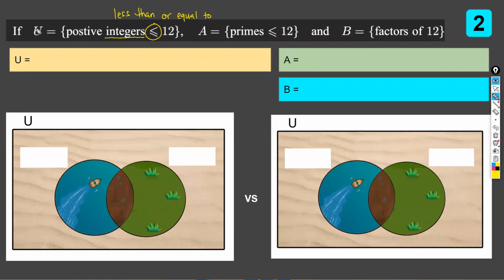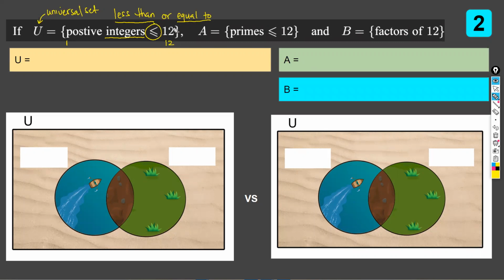So the universal set, remember the U stands for universal set, which means the universal set is all the numbers from 1 all the way to 12, including 12, because it's less than or equal to 12.